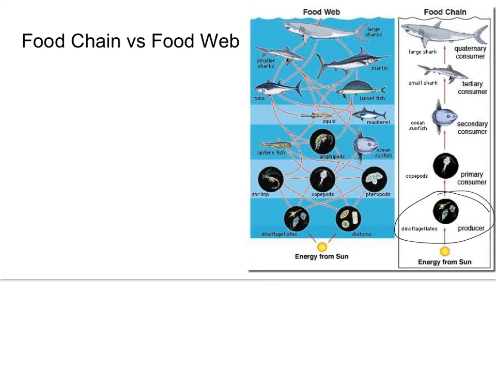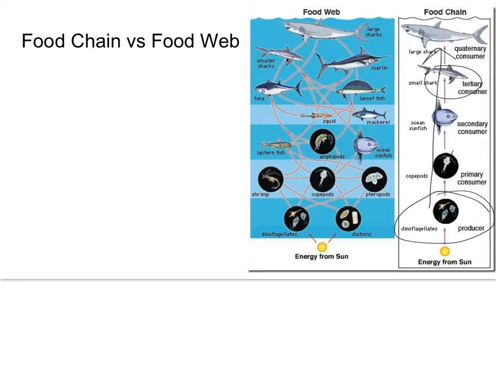And then it's a straight line all the way up to the highest consumer. So it would be dinoflagellates to copepods, which are kind of like mollusks, to fish, to a small shark, to a big shark.